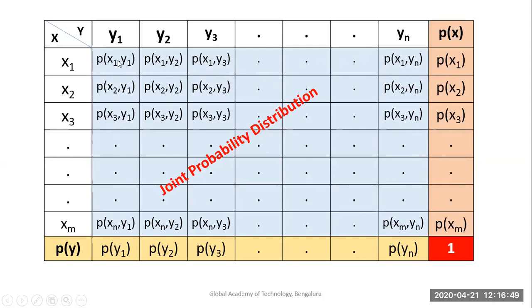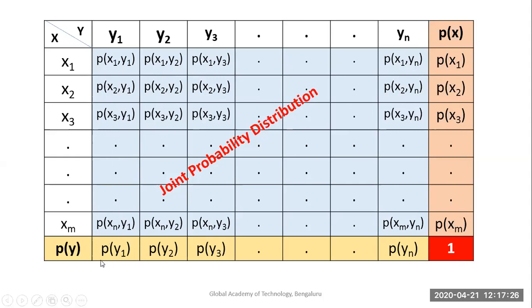Next, if you take the sum of each row, the sum of the values in the first row is going to be P of x1. So P of x1 represents the marginal probability that X takes the value x1. Similarly, the sum of the values in the second row is going to be P of x2, and so on. The sum of all these marginal probabilities is also equal to 1. Similarly, if you add the values in each column, the first column is going to be P of y1.